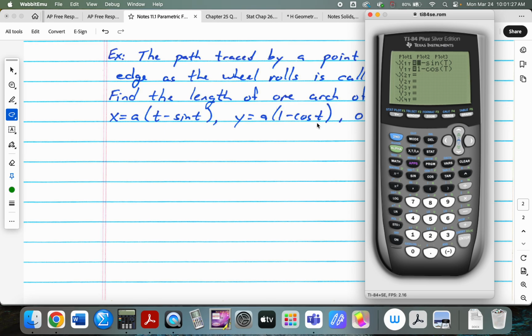So when you get to 2 pi, where cosine is 1, it should go back to 0 again. Weird. Okay. So it did it there.